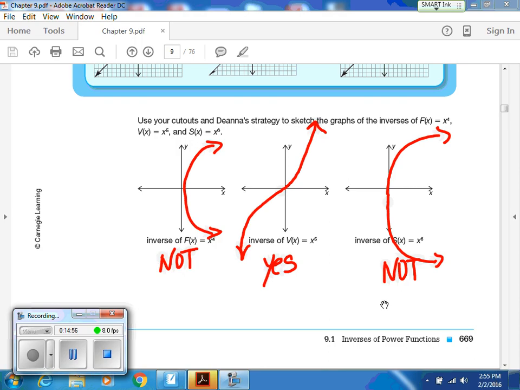It's odd because it's x to the 5th. Ask the question one more time. Why can't the inverse of an even function be a function? That's not a function. That's the inverse, and it's not a function.